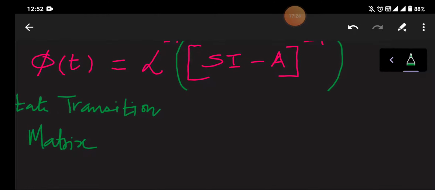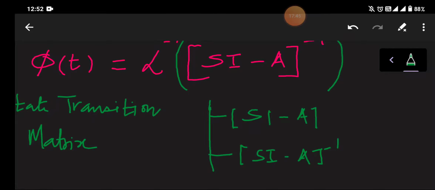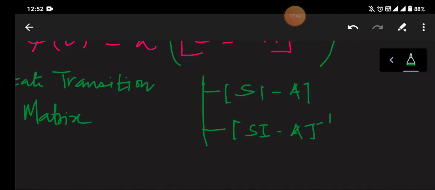Okay, so our steps will go like this. First we will solve for sI minus A. This will give us a matrix. Then we will determine inverse of sI minus A. Okay, and after that we will take Laplace inverse and we will get our state transition matrix.